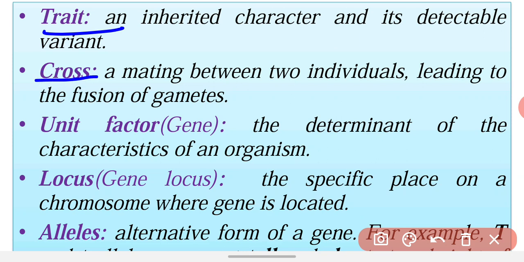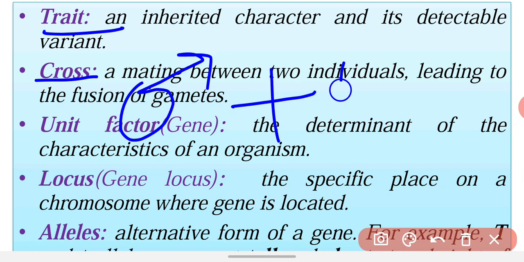Second one is the cross, a mating between two individuals leading to the fusion of gametes. That is, male and female gamete fusion. You know that formation of the male gamete is known as male gametogenesis and formation of the female gamete is known as female gametogenesis respectively.